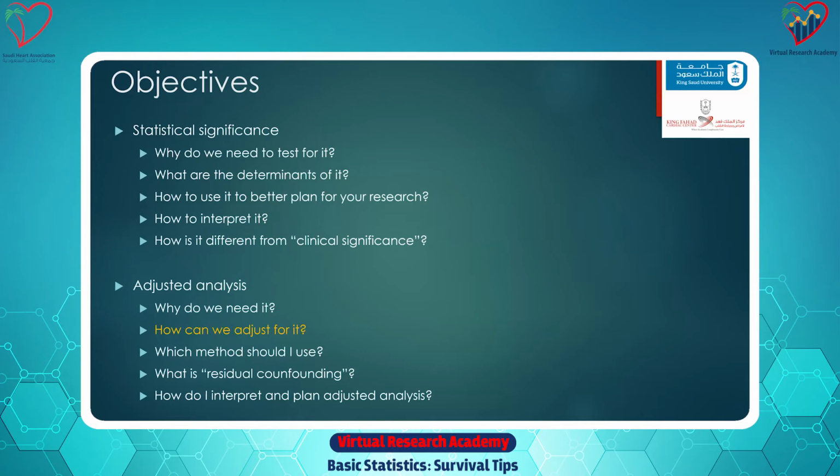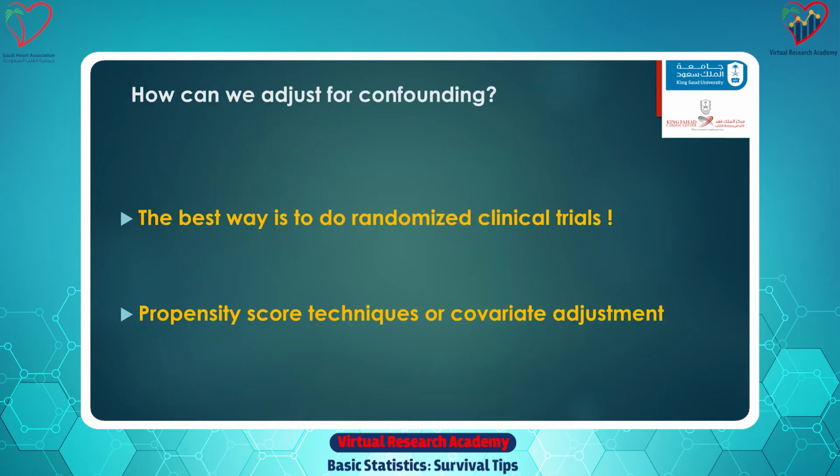So that would be the next question: how do we adjust for confounding? And the best way is to do randomized clinical trials, because when you do that, you have balanced groups of patients, and you're only testing the intervention. But we can't do randomized clinical trials every time.